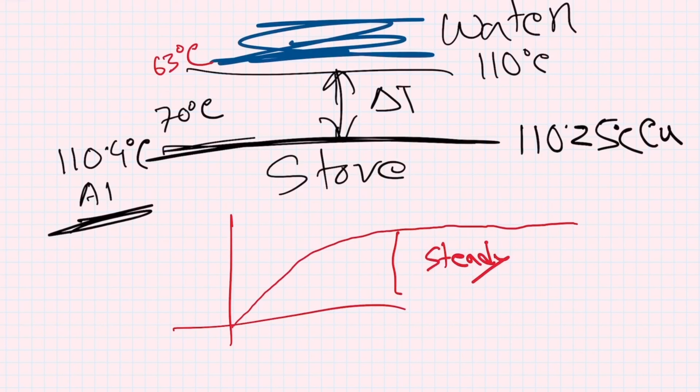I'm marking that with a yellow marker. So this whole material tried to be at the same temperature because you're putting in more heat, and now it has reached a steady state. Because we have reached a steady state, this whole pan is essentially at the same temperature, and often we call this condition isothermal.